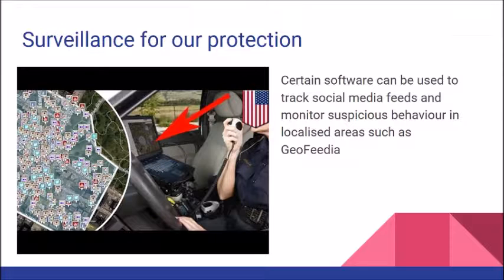This software includes Geofeedia, which is used by law enforcement to monitor suspicious posts and suspicious activity that happens online. We will show you a video that basically shows how Geofeedia is used and how it can be implemented to track suspicious behavior online.